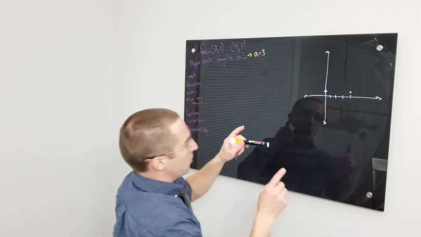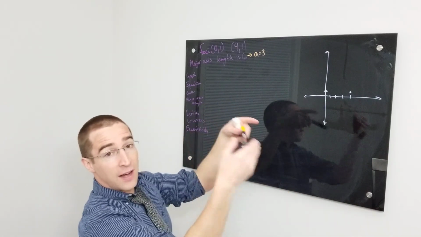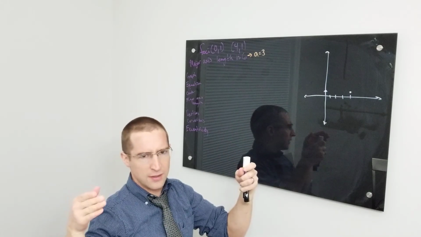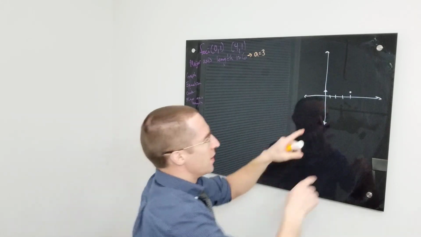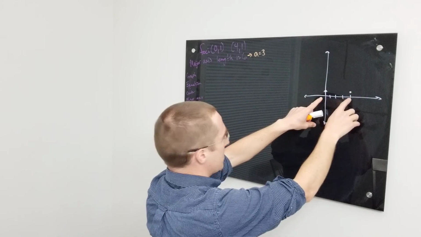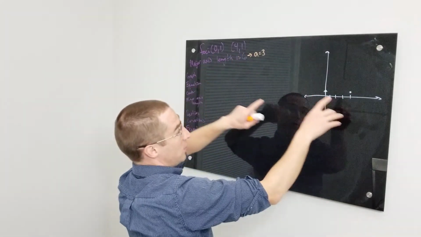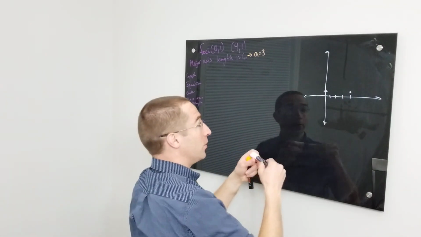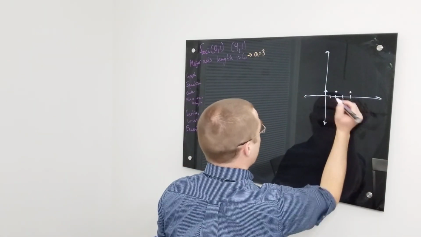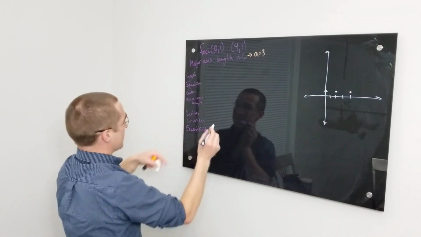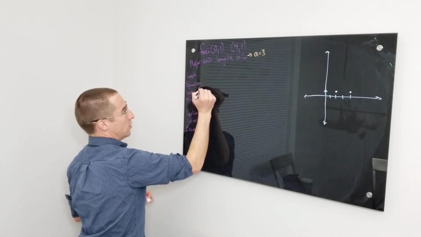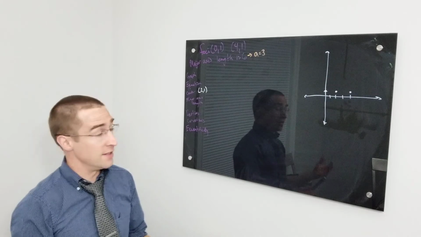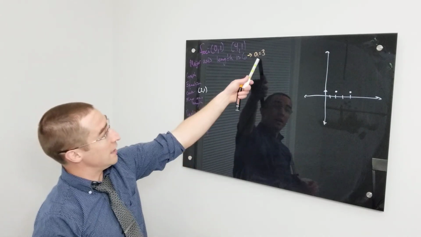Now, from the foci, I can find my center because the center is in the middle of the foci. This is at 0, this is at 4, they both have the same y value. What's halfway between 0 and 4? 2. So the center is at (2, 1). Now I can find my vertices because I know a equals 3.